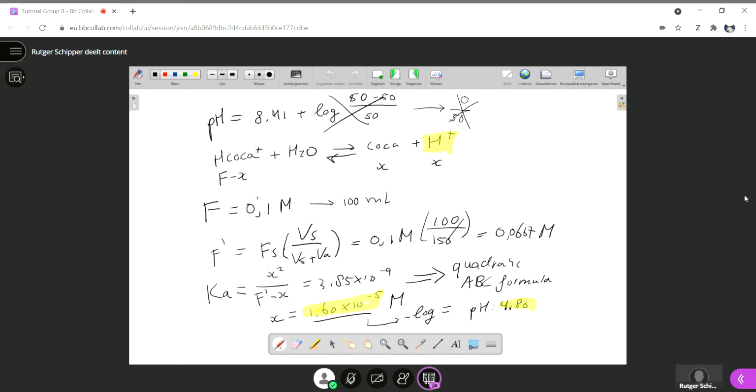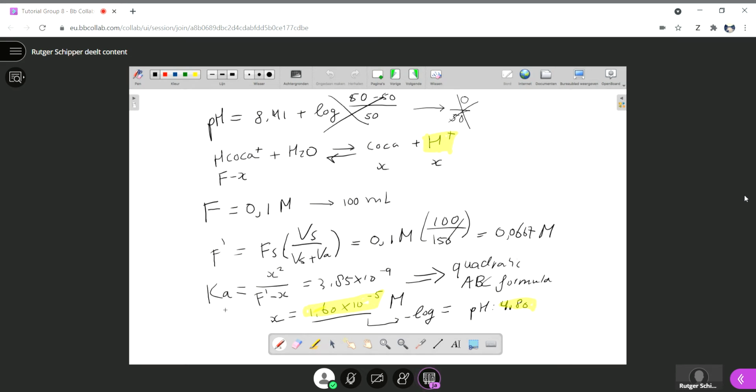But nonetheless, this means that the solution has been diluted, right? So this is just a formula to calculate the new formal concentration with the formal concentration that we had, the starting volume and the volume that we add. So basically there has been a decrease of 33% of the concentration. And the new formal concentration is 0.0667 molar of protonated cocaine. So it's less.